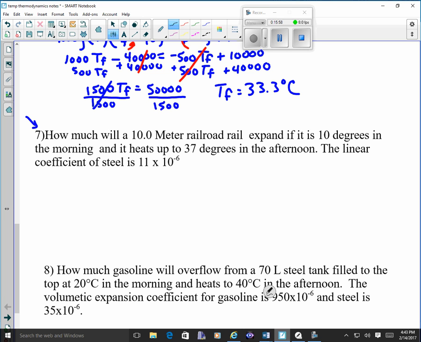Well, the formula for this looks complicated, but it's actually pretty easy. We're going to take delta L, that means change in L, that's how much it's going to change in length. That's what you're looking for. How much will this expand? And then you're going to take the original length of the railroad tie times alpha, which is this linear coefficient, that thing right there.